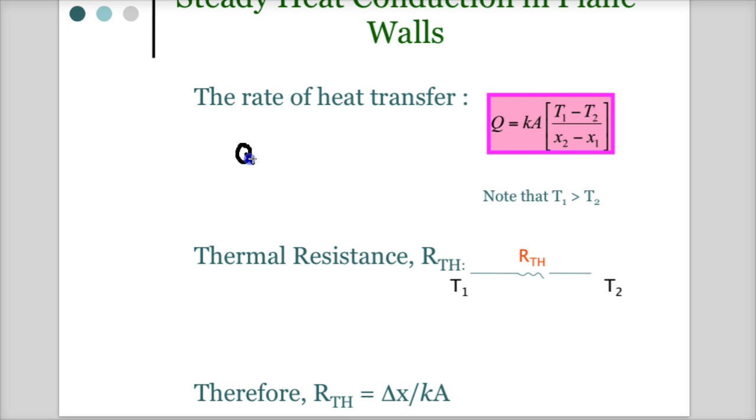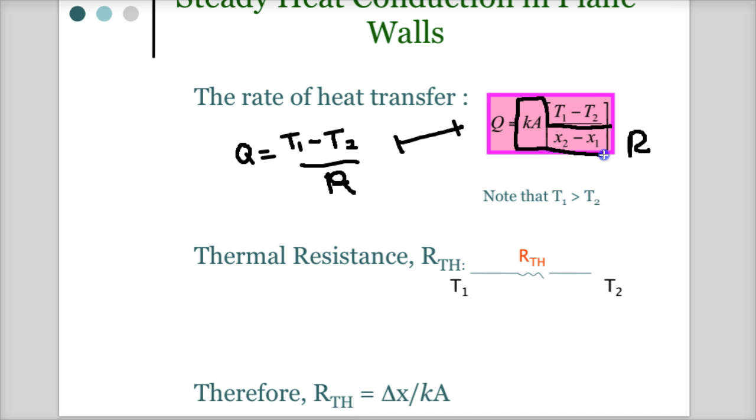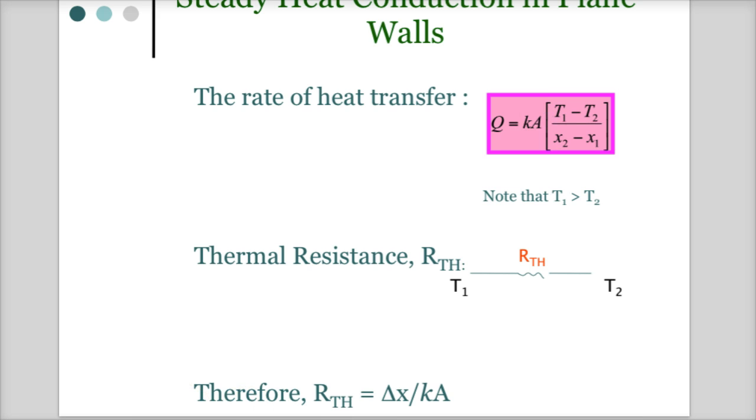We know that Q equals T1 minus T2 over R. So this whole thing must be R, and R here is X2 minus X1 over K A. Therefore R for a wall is the change of X over K A. That's the basis of the thermal resistance concept, and that's the thermal resistance for a plane wall.